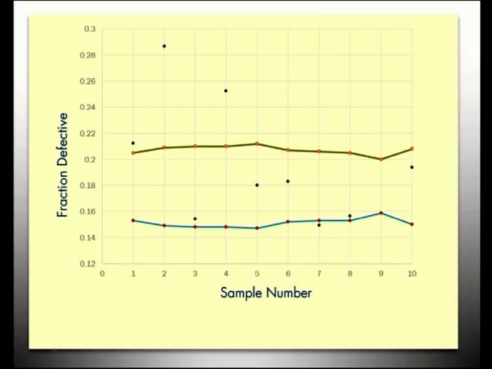Now, the sample numbers are from 0 to 10. The dark blue points are the exact fraction defective P values. For sample number 1, the P value is 0.2125.